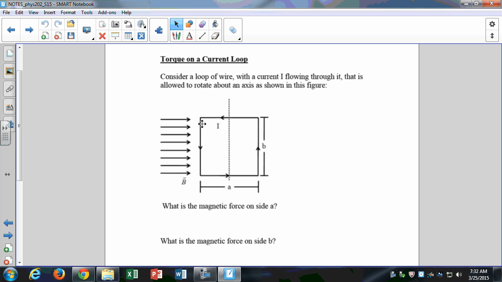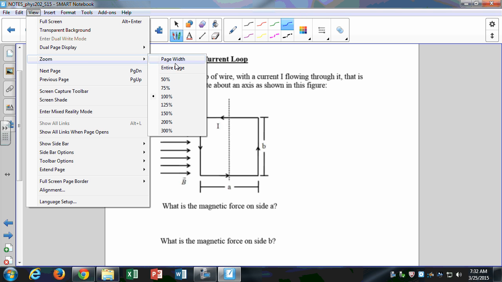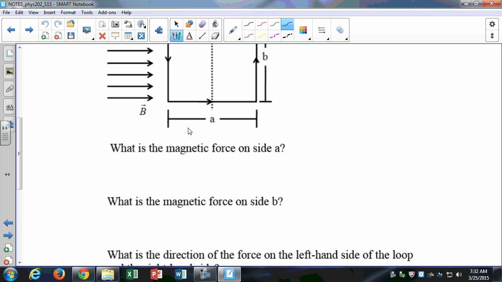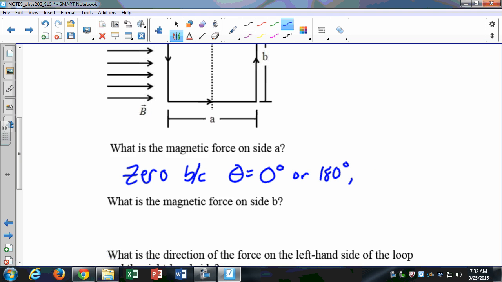All right. We'll see that in just a bit when we look at a coil of wire. But anyway, in this case, our magnetic force on side A is going to be 0, because theta either equals 0 degrees or 180 degrees. So sine theta equals 0.